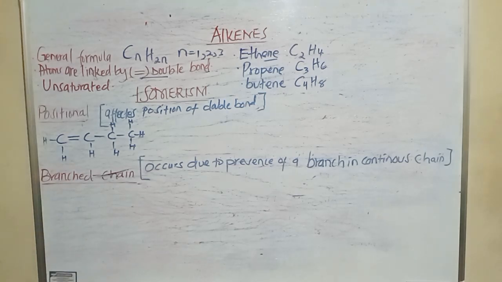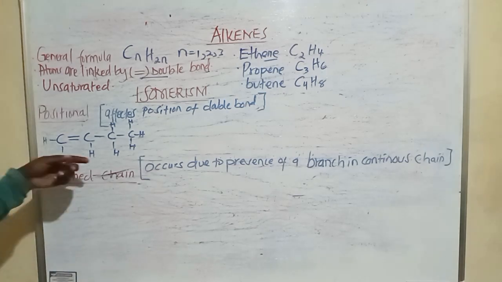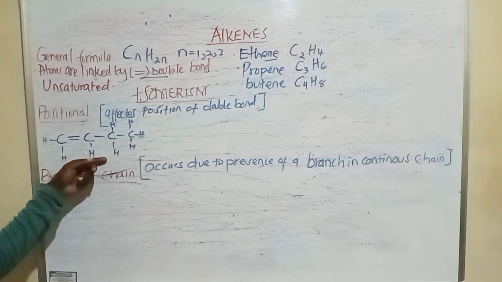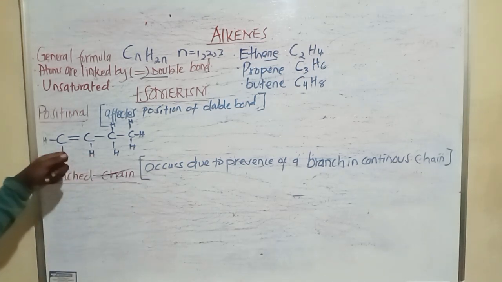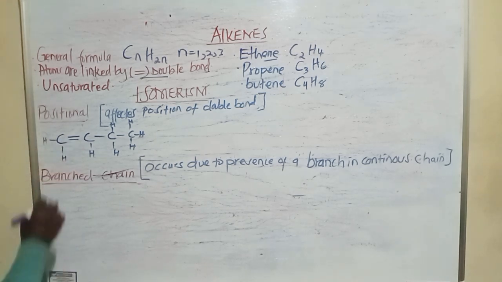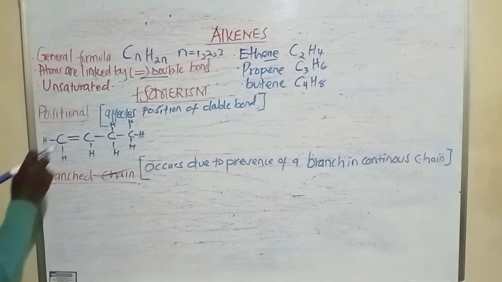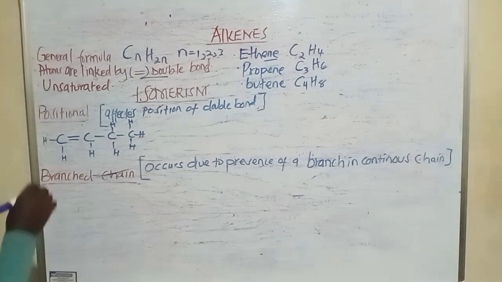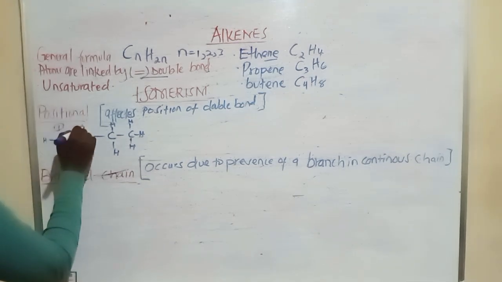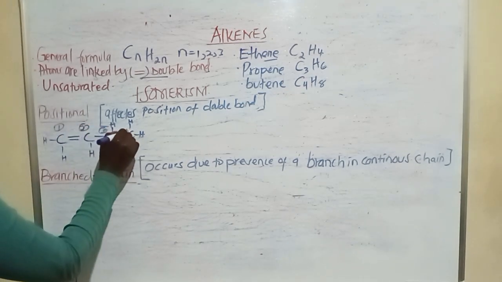Now this is butene. Let us look at the position of the carbon double bond. The position is at the first carbon atom. This is the first carbon atom, the second, the third, and the fourth.